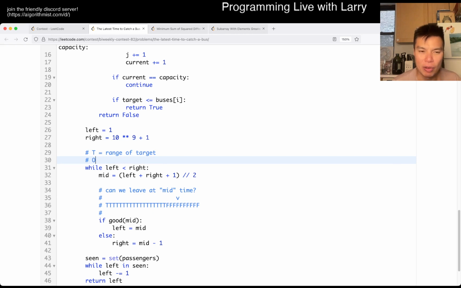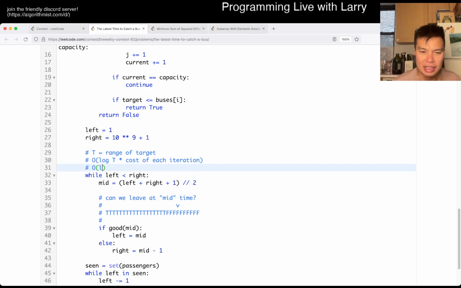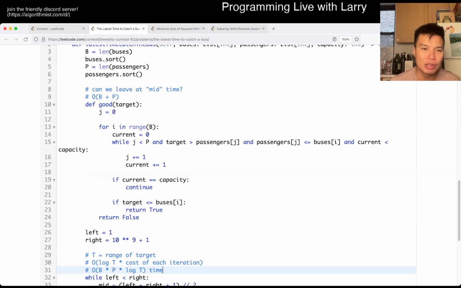Then this is going to be O of log T, which in this case is going to be 30 iterations or so, times the cost of each iteration, right? And so that's going to be log T times B times P. I think I'm thinking of another problem already. So that's the complexity. In terms of space, we don't really use any space.